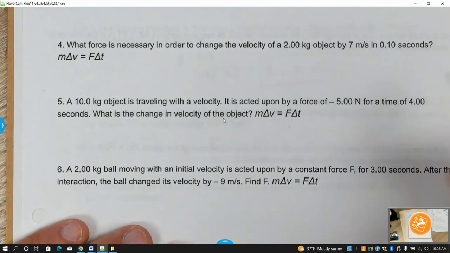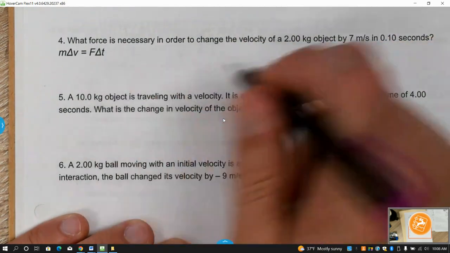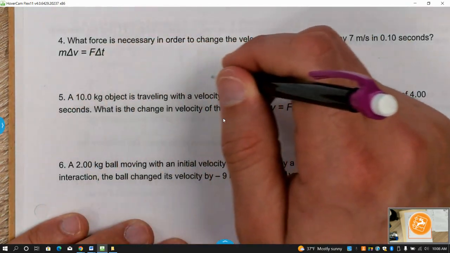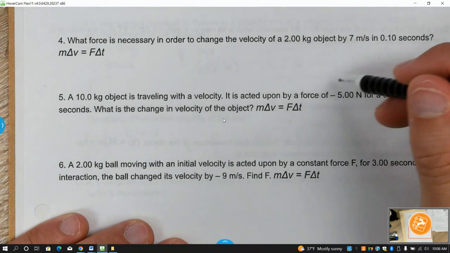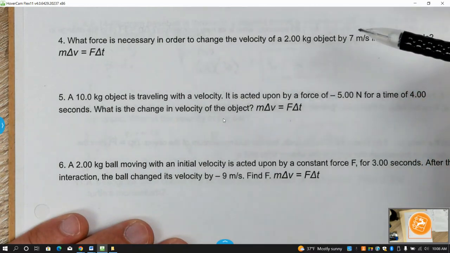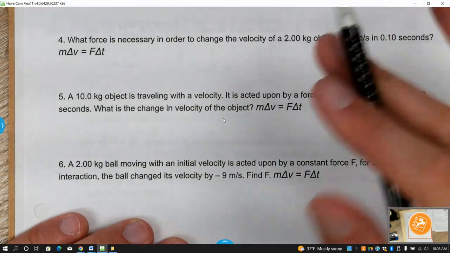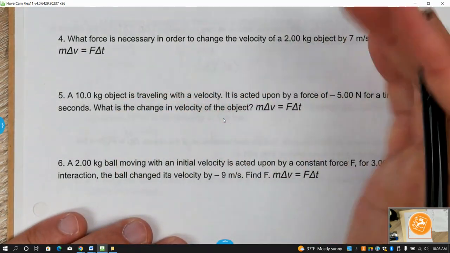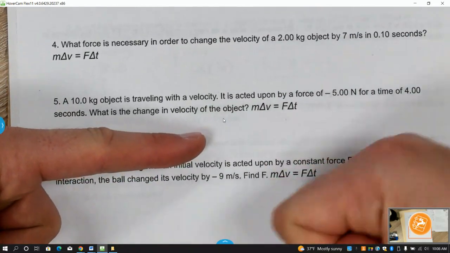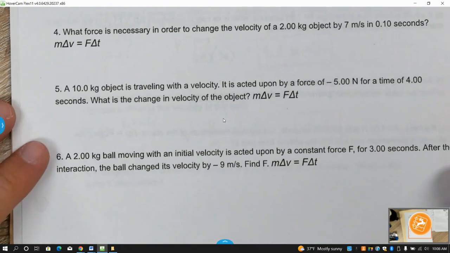If we're looking at 5, you have a 10 kilogram object traveling with a certain velocity. We don't know what that is just yet. Let's say this thing is moving to the right. Now, if it is acted upon by a negative 5 Newton force, if we take positive as meaning right and negative as meaning left, so if the object is moving to the right, we have a force acting to the left, and that is probably going to cause it to slow down.